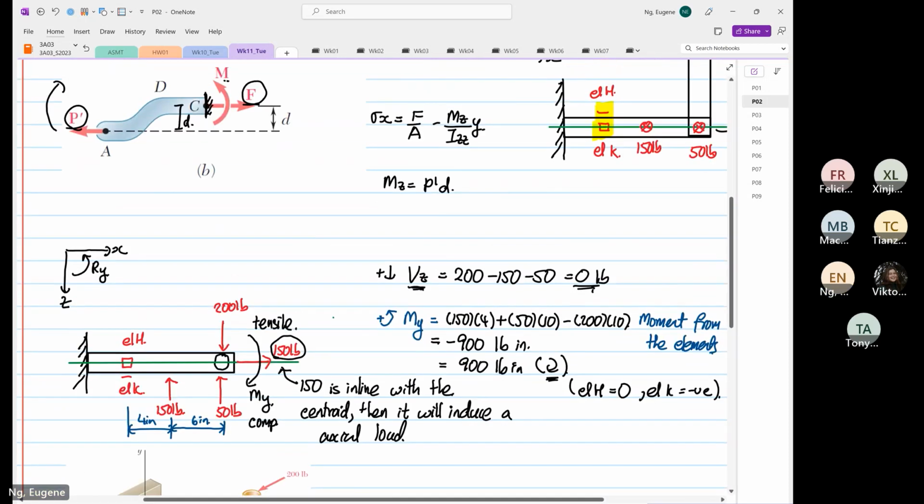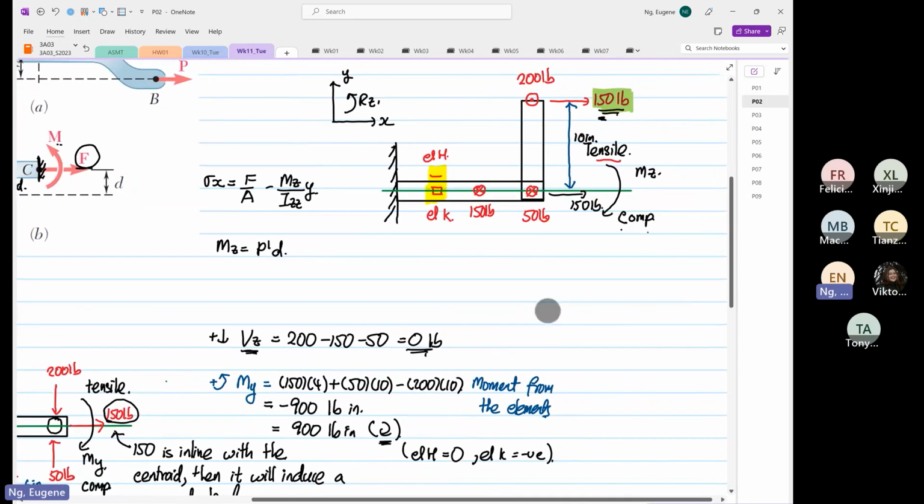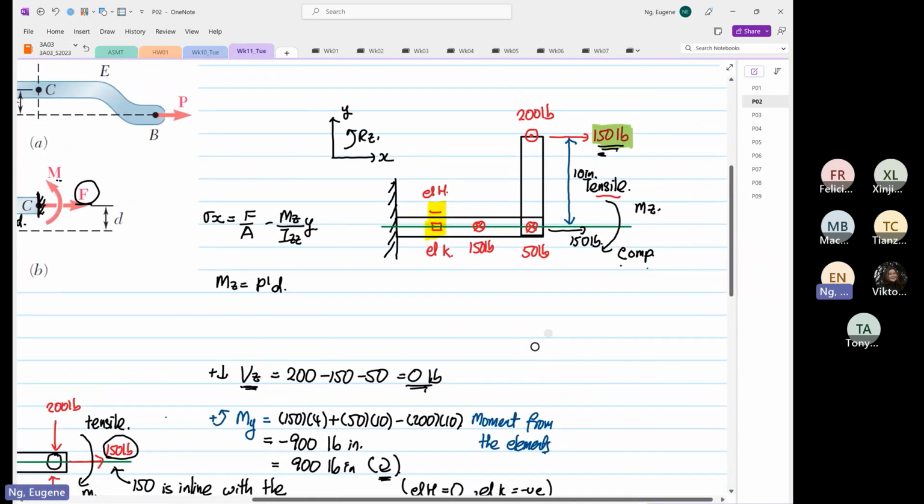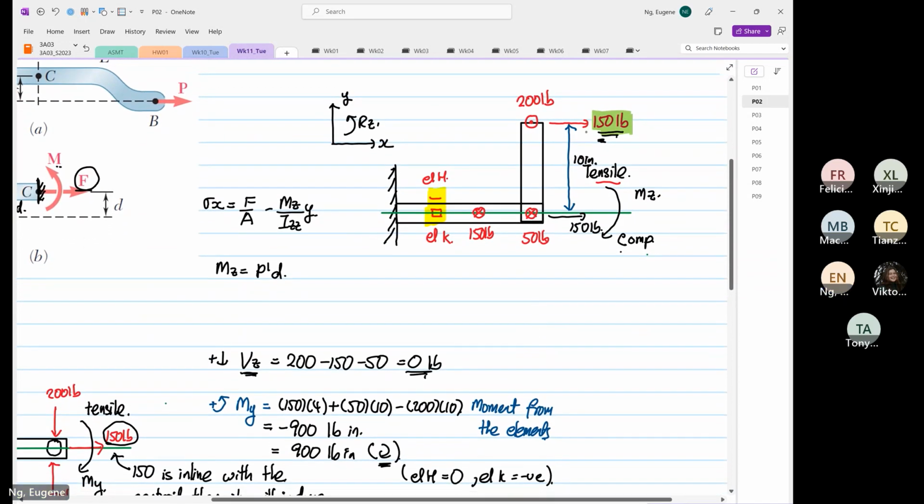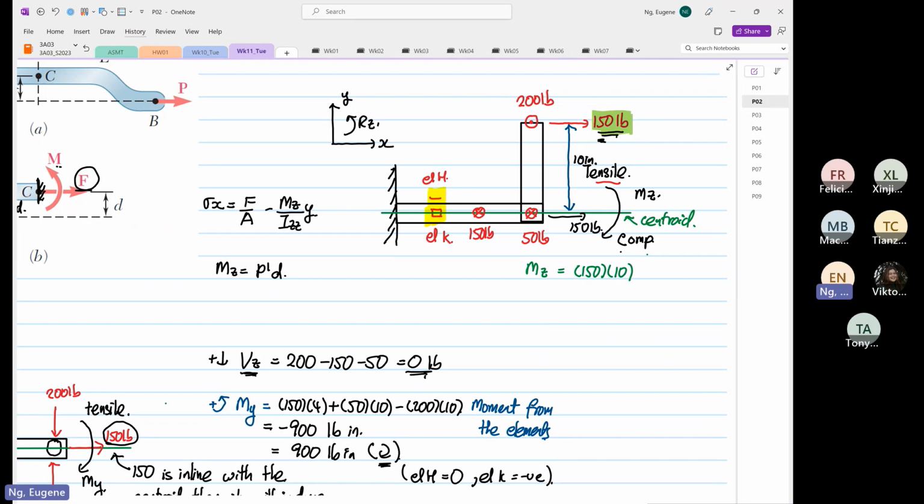Okay. So a lot of times what students are confused about, I want you to focus on this. In the previous view, the 150 is parallel to the centroid. So when we specify moment about Z, it is equal to 150 multiplied by 10.